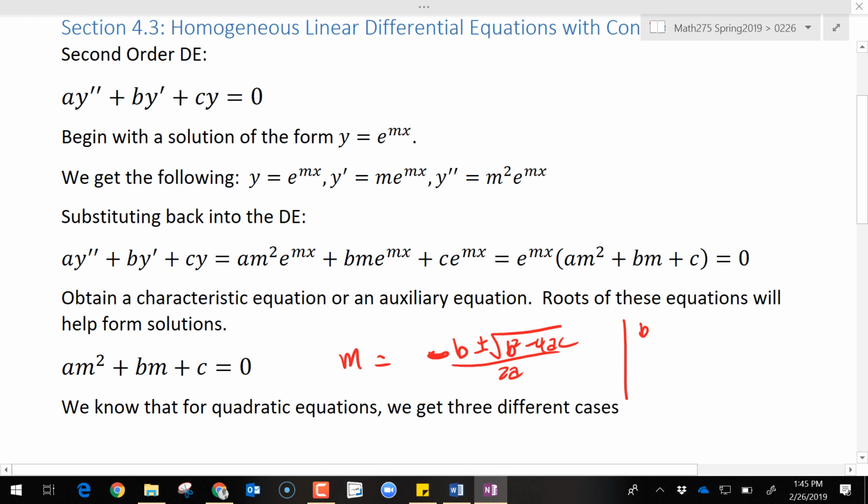If b squared minus 4ac is positive, then we get 2 real roots. If b squared minus 4ac is equal to 0, it turns out that we're going to have 1 repeated root.